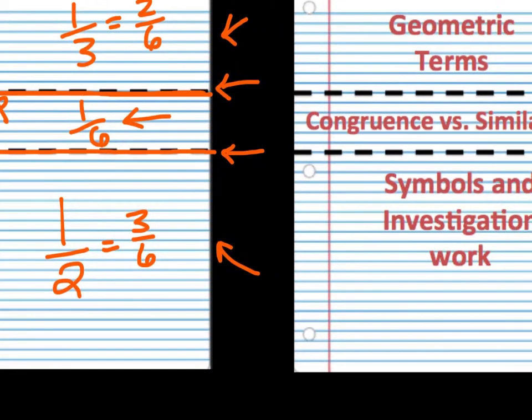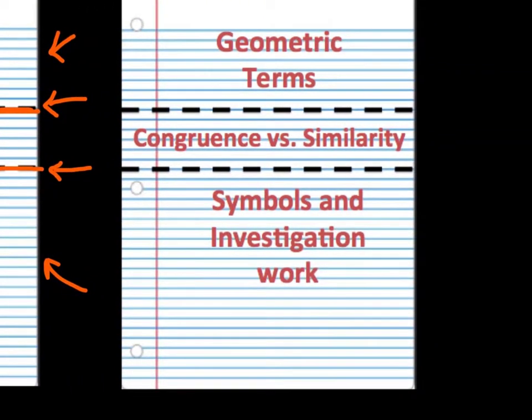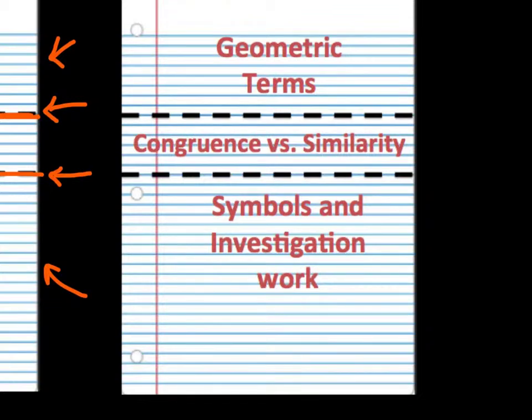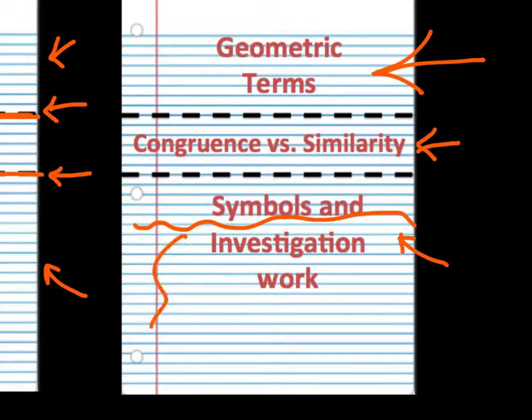So you don't need to write this down in here, but essentially, if you see this various information, you're going to see where we're going next. We're going to start here with geometric terms and remember what they are. Then we're going to move on to congruence and similarity, and then we're going to have some symbols that we'll put right at the top of this, and then you'll be able to use the rest for your investigation.